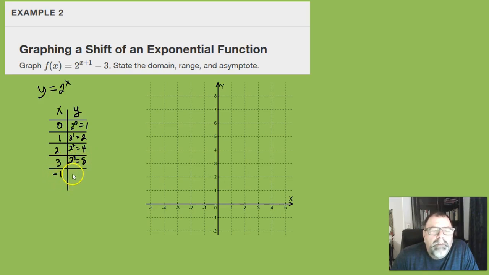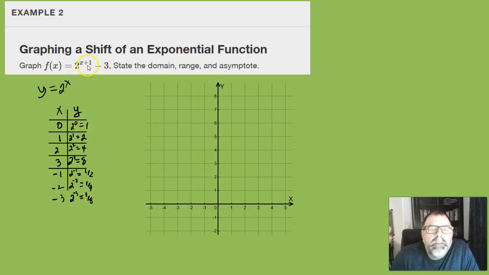And then negative 1, so 2 to the negative 1 is 1/2. 2 to the negative 2 is 1/4, and 2 to the negative 3 is 1/8. Okay, and you'll be able to generate these numbers quickly with a little practice.